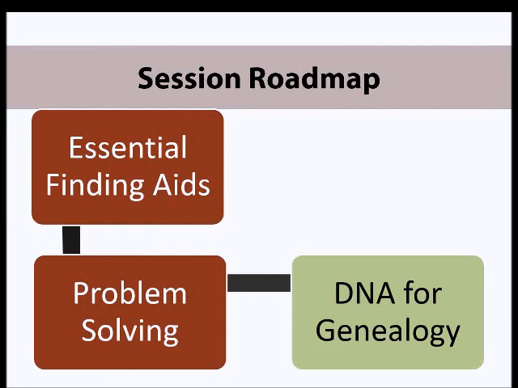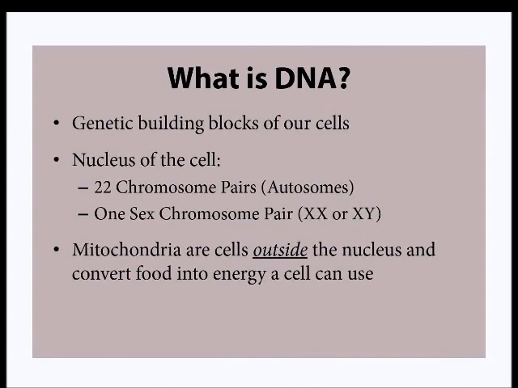Okay, let's move on to an introduction to DNA. So what is DNA? At its most basic level, DNA is the genetic building material in all our cells. It's the instructions that tell our cells how to perform.